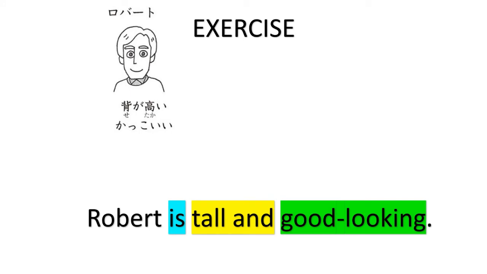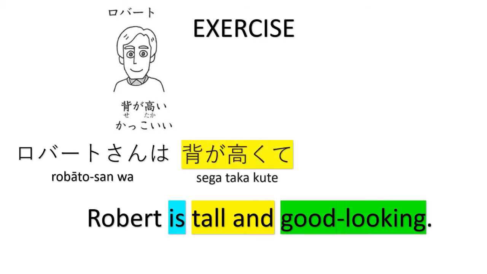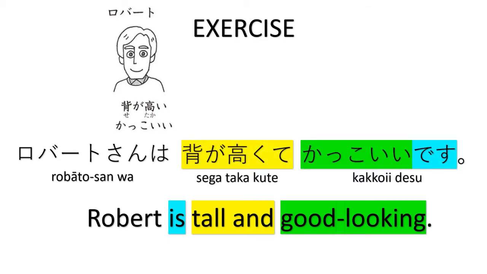The adjectives are tall and good looking. Se ga takai and kakkoii. Robato-san wa se ga takakute kakkoii desu. Here, as you can see, we removed the last i, hiragana, and replaced it with kute.